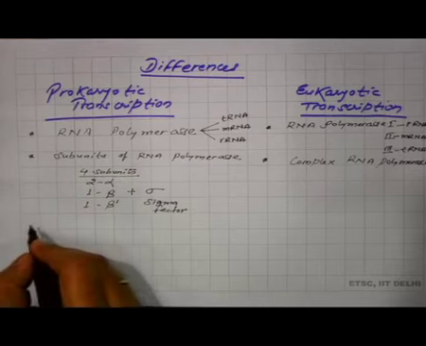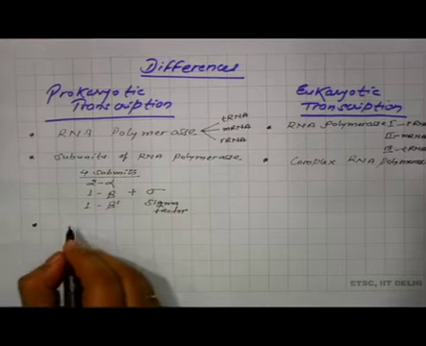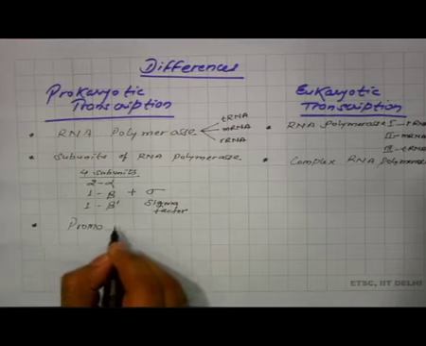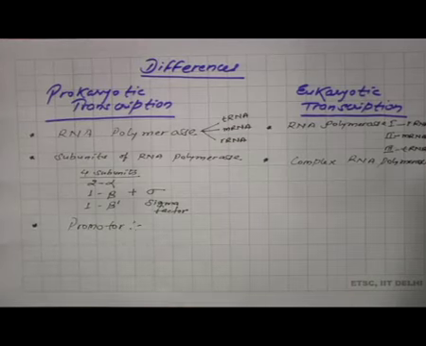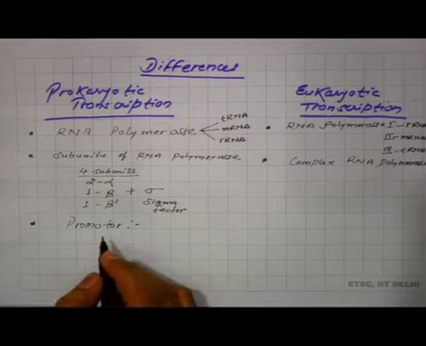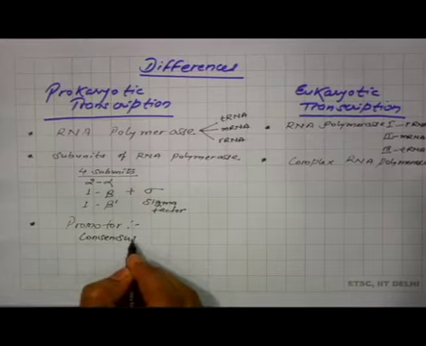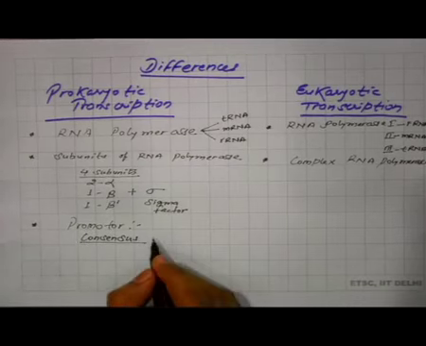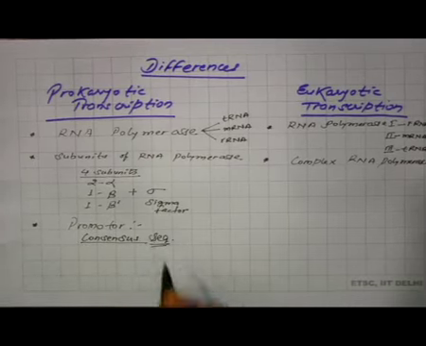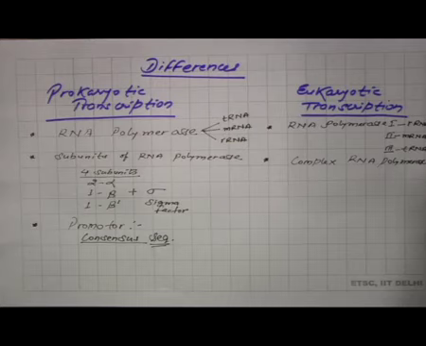Next, about the promoter. If we talk about the promoter of the prokaryotic DNA, the promoter has 2 consensus sequences. Do you know what these consensus sequences are? Yes, consensus sequences are those sequences which are repeated again and again at the same position in most of the living organisms.